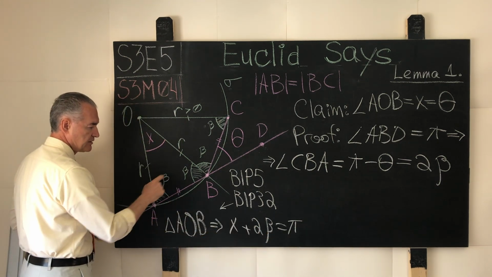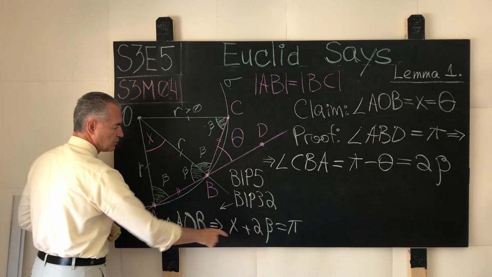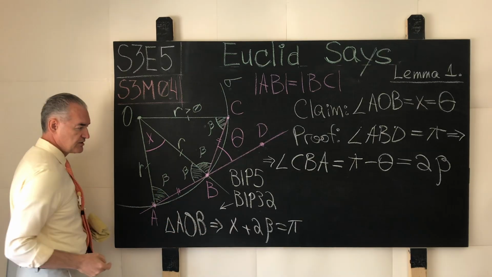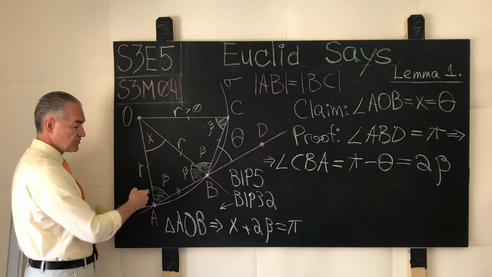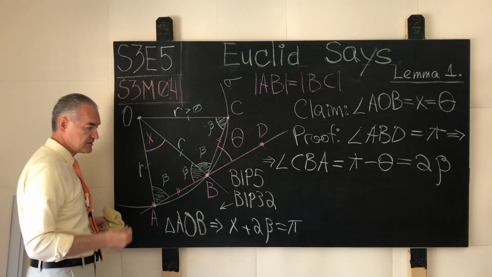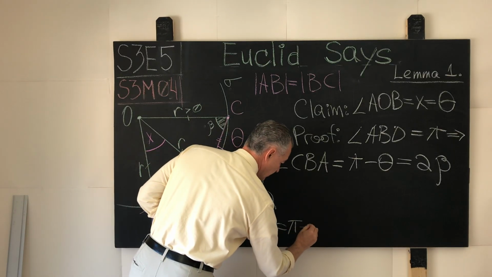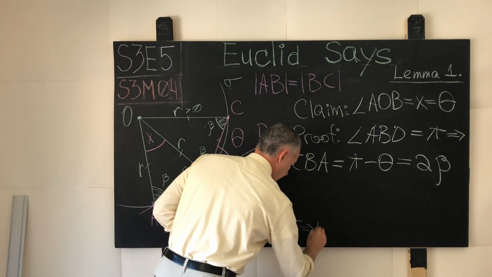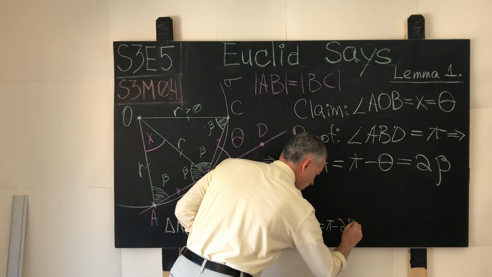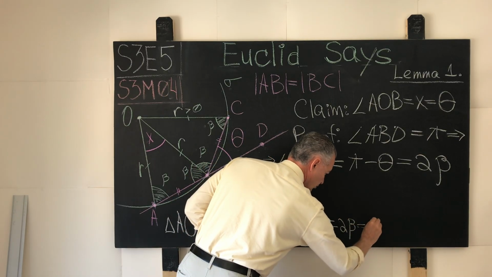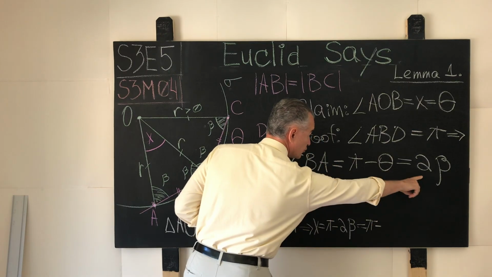X, beta, beta: x plus 2 beta is equal to pi. AOB is a non-degenerate Euclidean triangle. 2 beta is courtesy of the fact that the triangle AOB is what? Isosceles, exactly. From here, it follows that x is equal to pi minus 2 beta. And now what do we do? Pi minus, what is 2 beta?